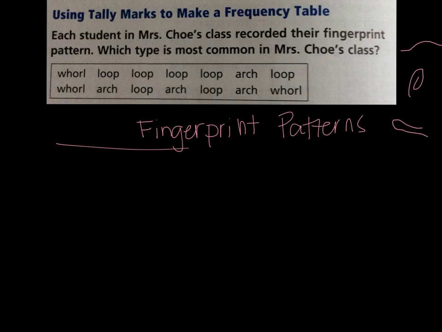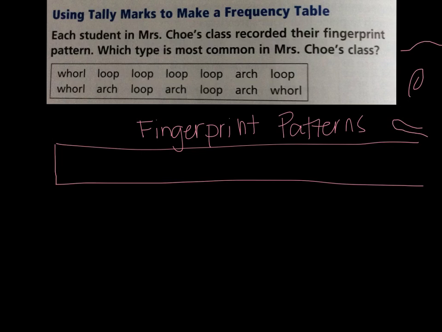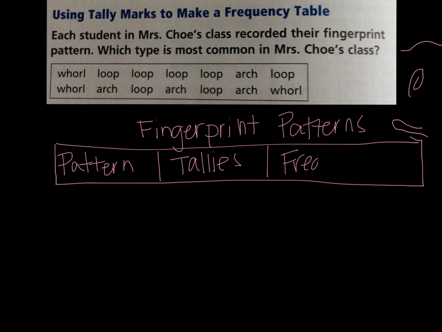And then the first thing, and I'm going to make sure that I leave enough space for writing here, the first thing is I'm going to say, what pattern did we do? And then I'm going to do the tallies. So it's just a good reminder on how to do tallies again. And lastly, what is the frequency?